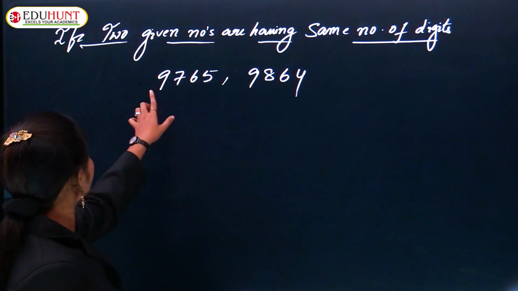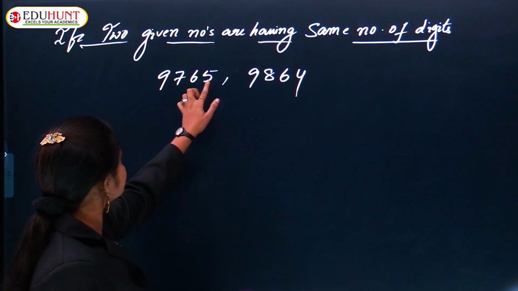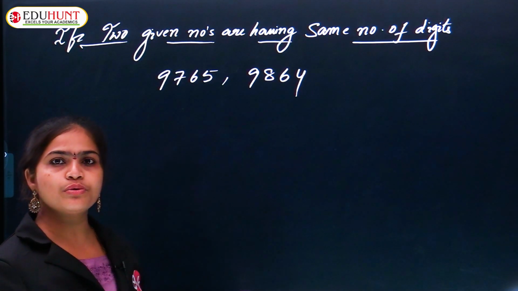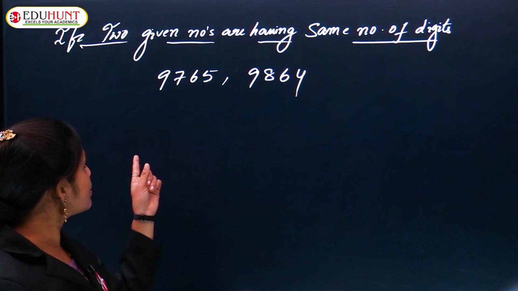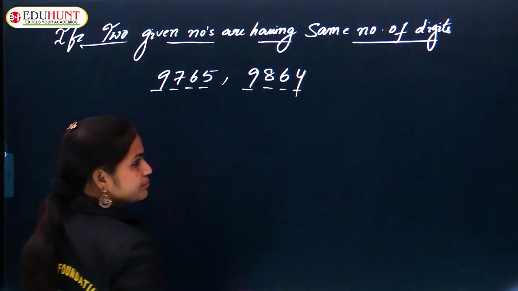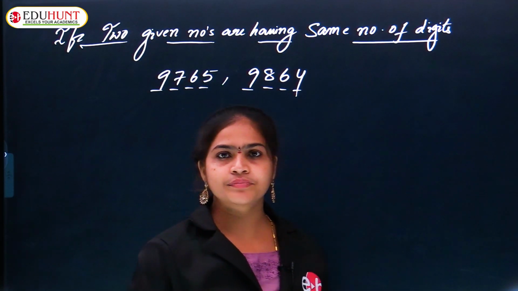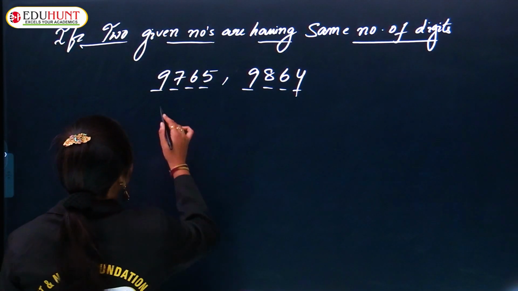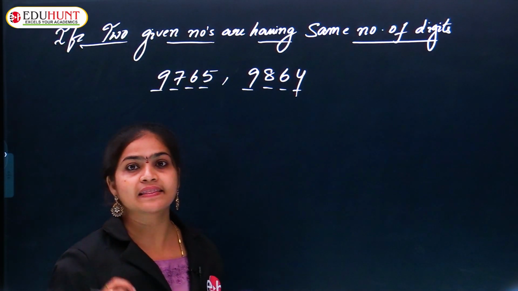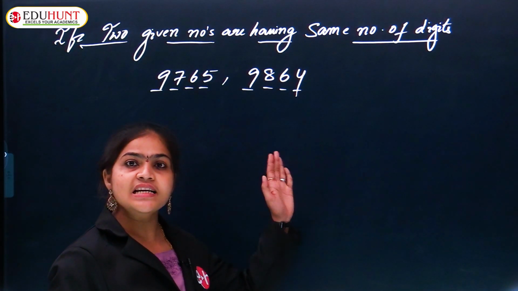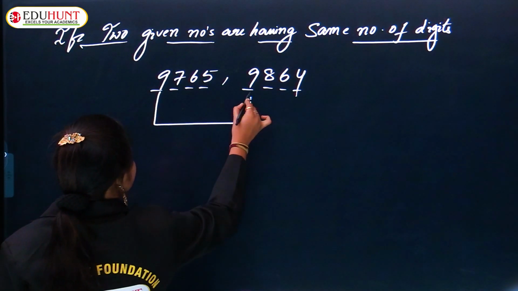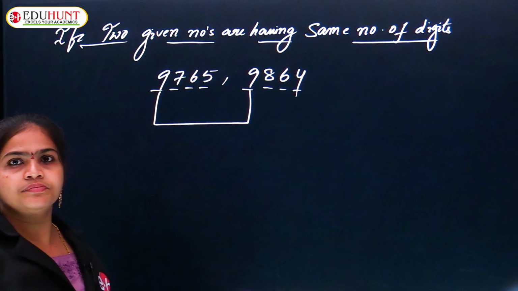First, see 9765 and 9864. These two also have the same number of digits, 1, 2, 3, 4 and 1, 2, 3, 4. Now compare. The greatest place value of these two numbers is the thousands place, so starting from the thousands place, compare the digits.